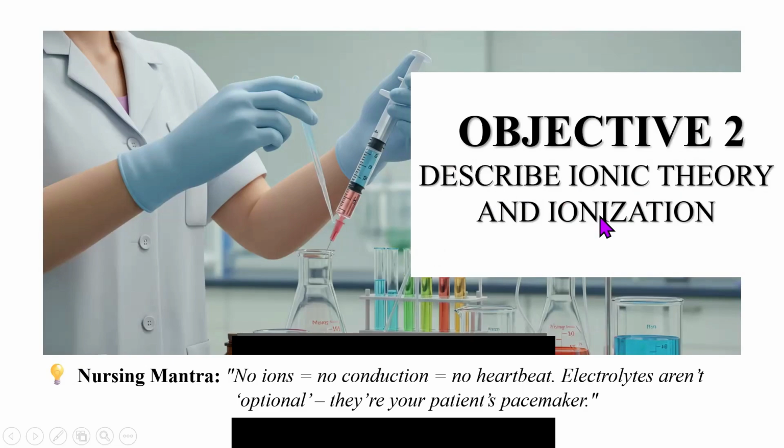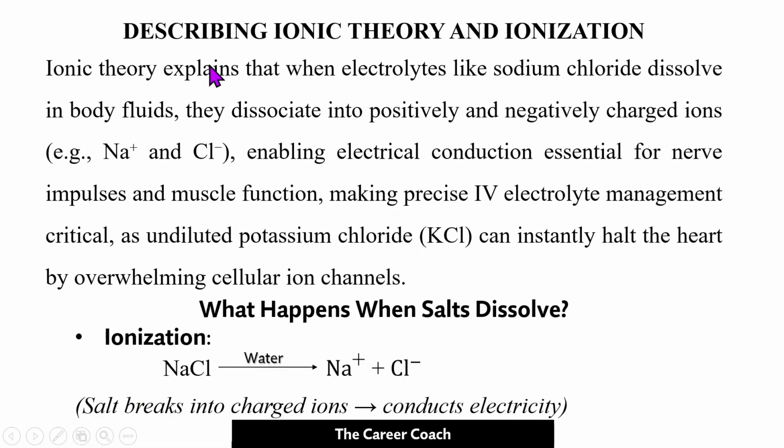Describe ionic theory and ionization. Ionic theory explains that when electrolytes like sodium chloride dissolve in body fluids, they dissociate into positively and negatively charged ions such as sodium ion and chloride ion. One is positive, the other is negative. So basically in chemistry, when we talk about electricity, we are talking about electrolytes.